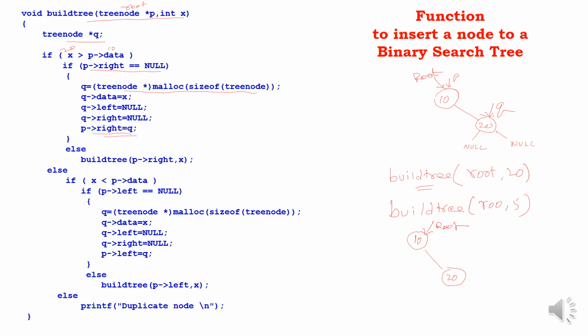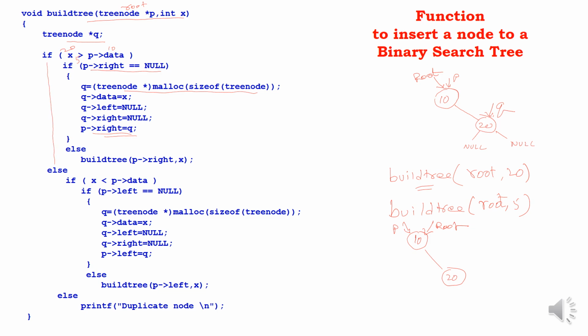Now I'm calling build tree root comma 5. So root becomes p in the function. Then x is 5. Is 5 greater than p data? What is p data? 10. Is 5 greater than p data? No, it is less than p data. So it is false, and it goes directly to the else part.